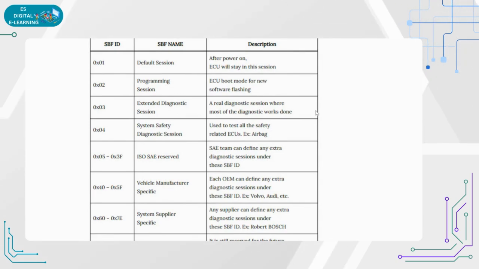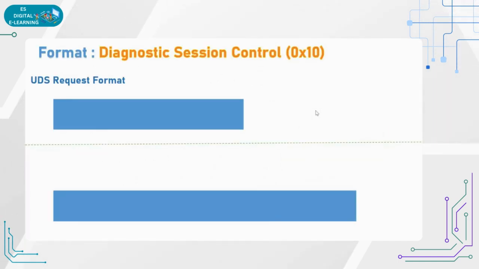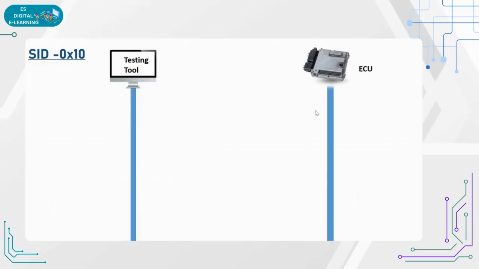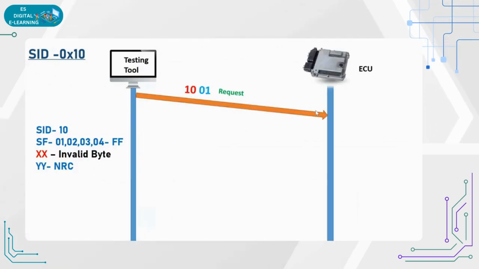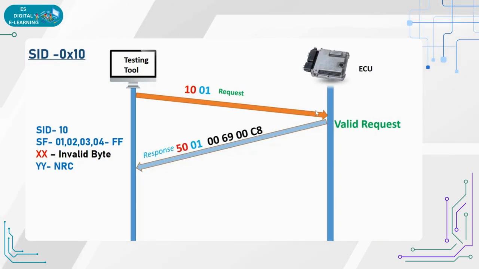Did you make any assignment? Do you have any doubt on this format? If you send 1001, instead of that you can also send 1002 or 1003. If it is a valid request, you will get 5002 followed by the data.